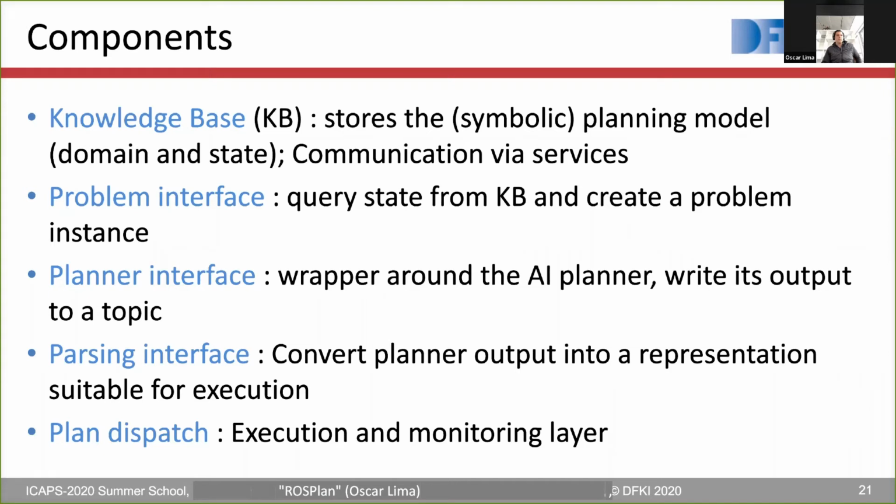And then the parsing interface will convert that big string into a representation which is suitable for execution. It can be either a simple plan dispatch or the esterel one. And finally, the plan dispatch will handle the execution and monitoring of your plan.